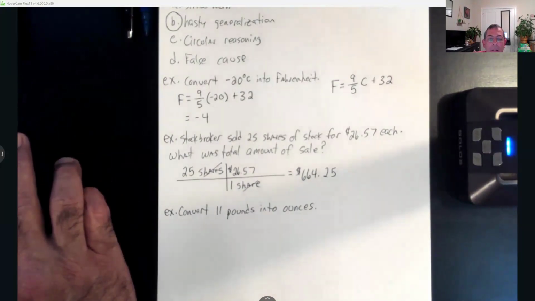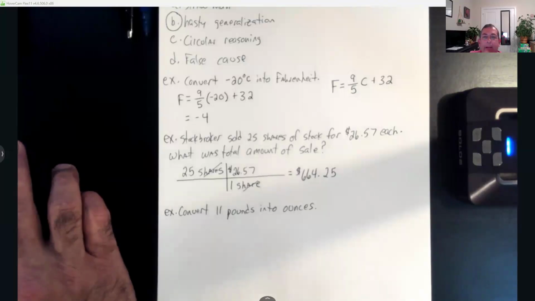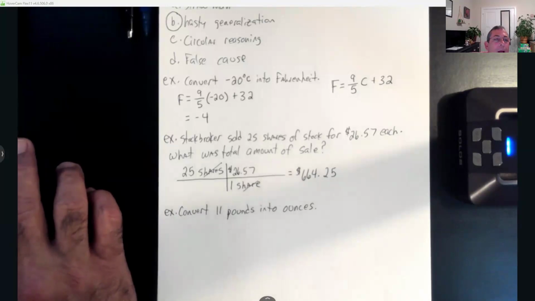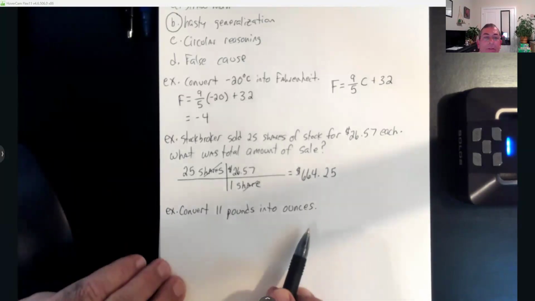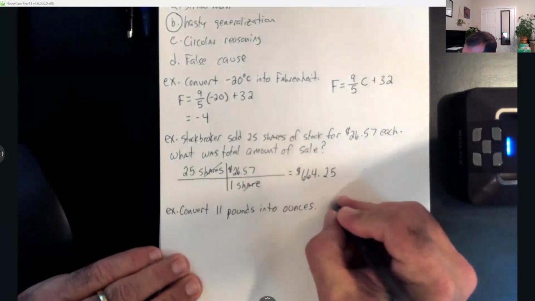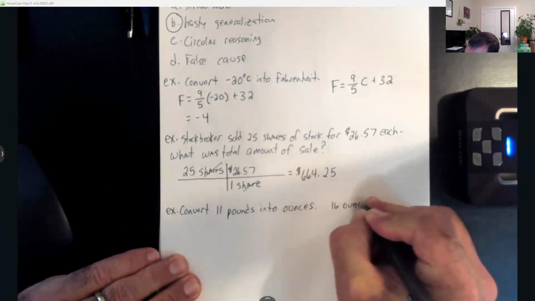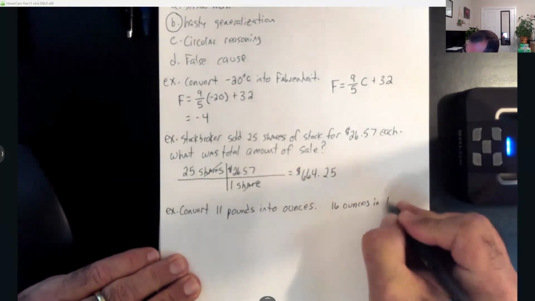All right, so we're going to convert 11 pounds into ounces. Now they're telling us there's 16 ounces again in 1 pound.